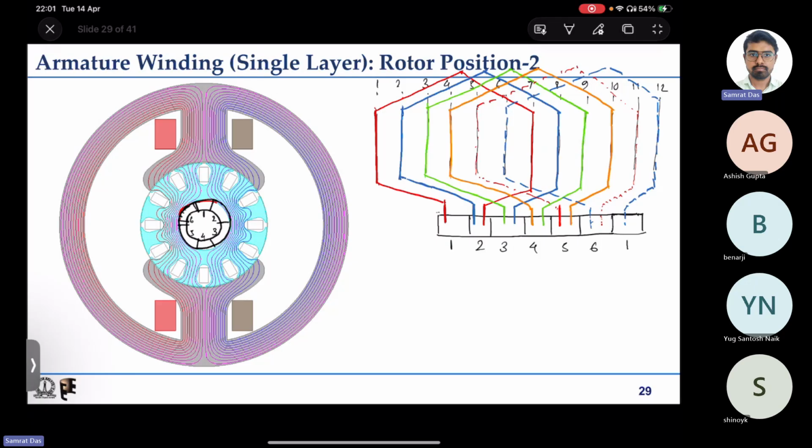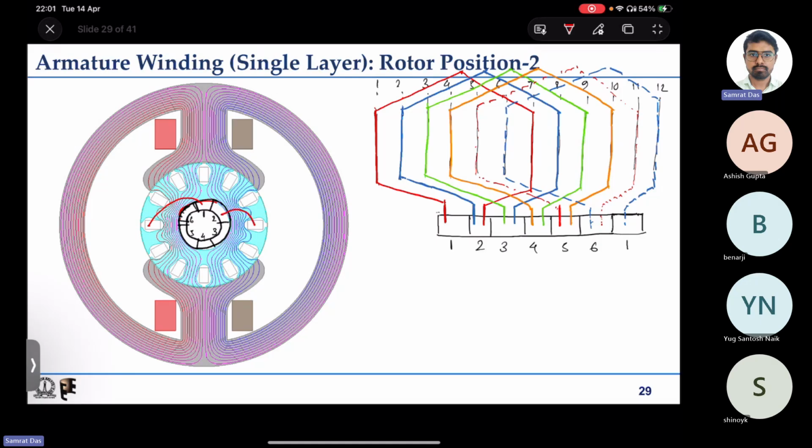So where can it go very easily? If it is almost at 90 degree, it will be easier, because then it is easier to go and come back. So the coil 1 probably can start like this. It can go here and it can come back like this.